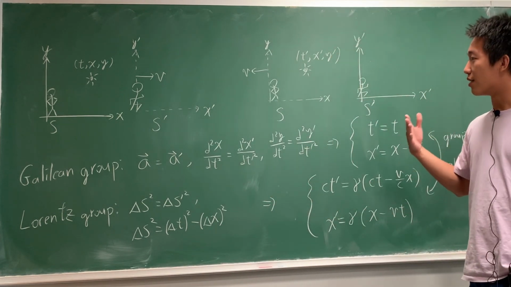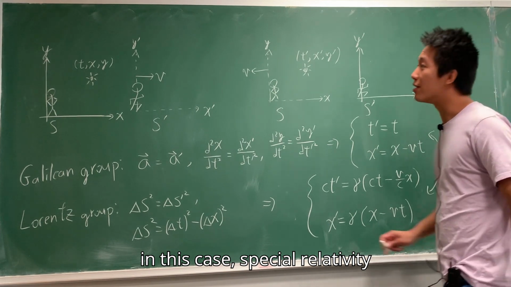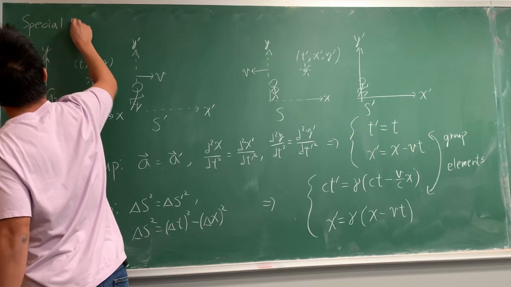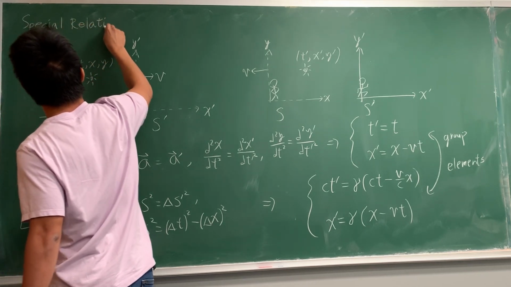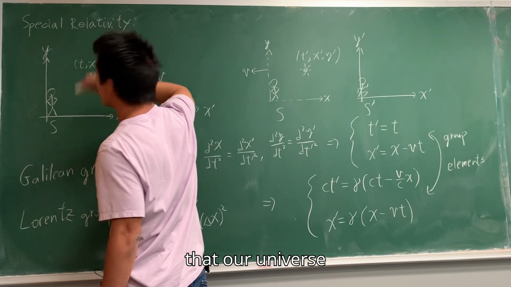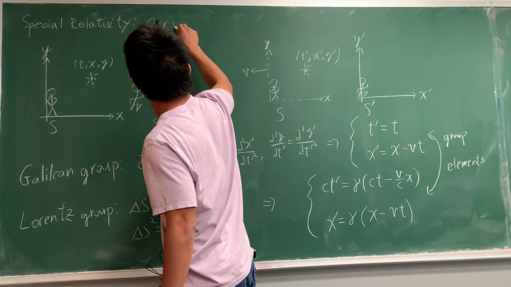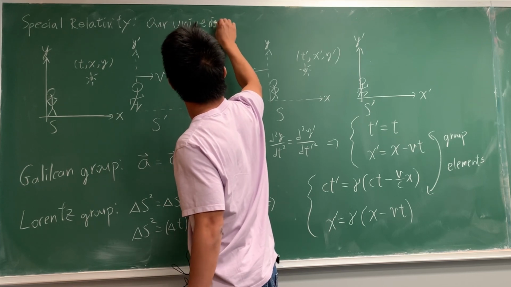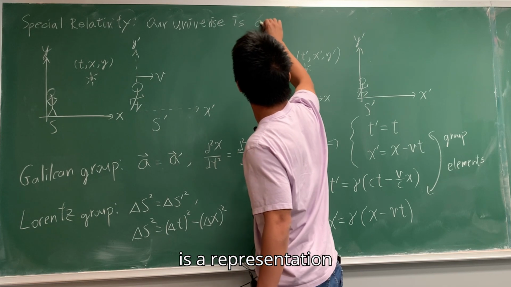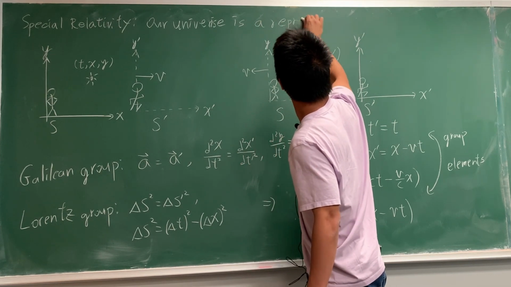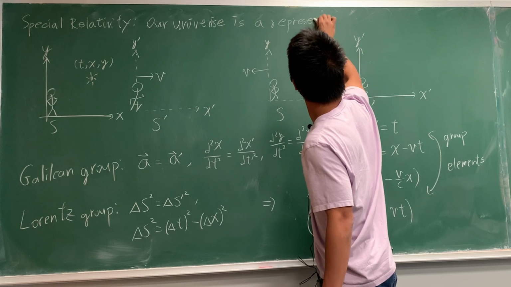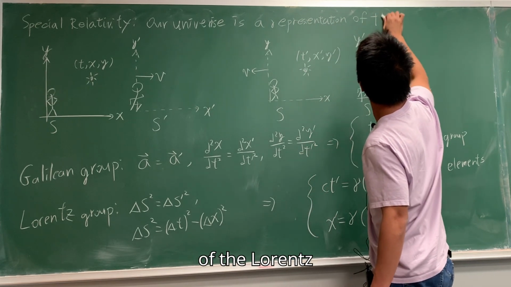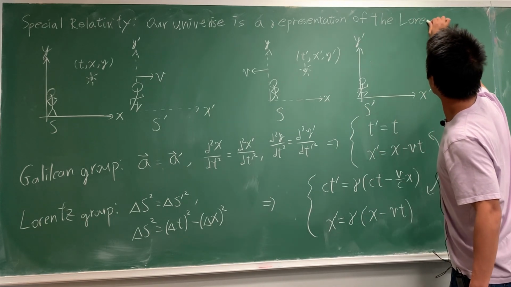Now, in this case, special relativity is just saying that our universe is a representation of the Lorentz group.